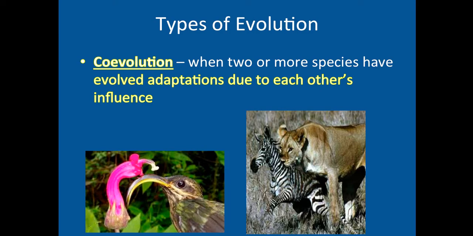One became fast to catch the other, or you could say the zebra became fast to escape its predator. So predation selection is very common with co-evolution. And it's one of the videos that you'll watch later on in the presentation. And there's questions to go along with that.